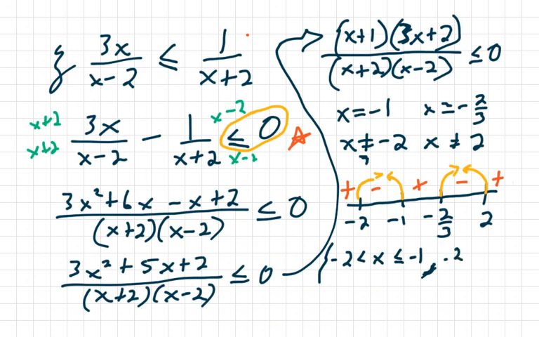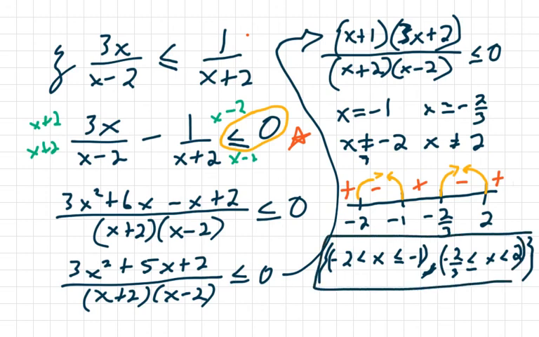Negative 2/3 I can equal to x, but I cannot equal 2. Fancy bracket. So there are your two solutions. You don't need those round brackets. I don't know why I put those round brackets in, but there's your two betweener solutions.